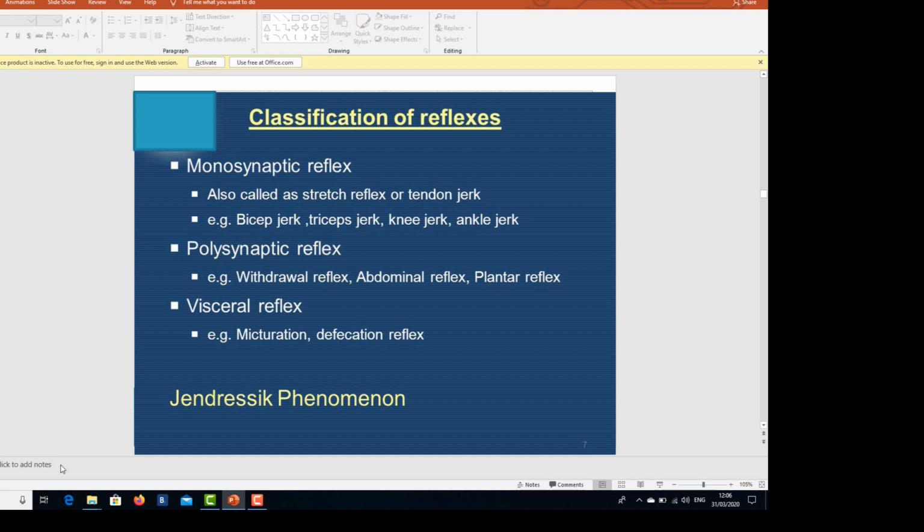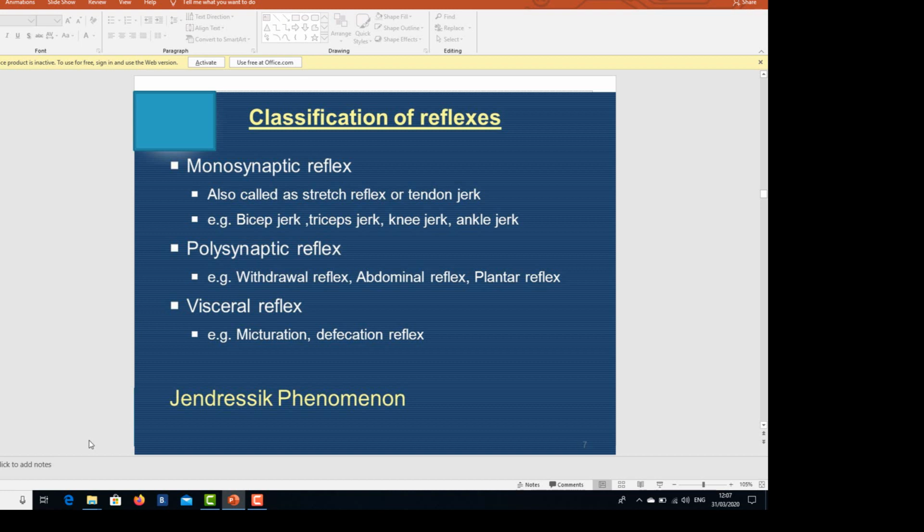Now, we are going to talk about the classification of reflexes. Reflexes are of different types, and broadly they are classified into monosynaptic reflex, polysynaptic reflex, and visceral reflex. Examples of monosynaptic reflex are the muscle stretch reflex or tendon jerk, like biceps jerk, triceps jerk, knee jerk, ankle jerk.